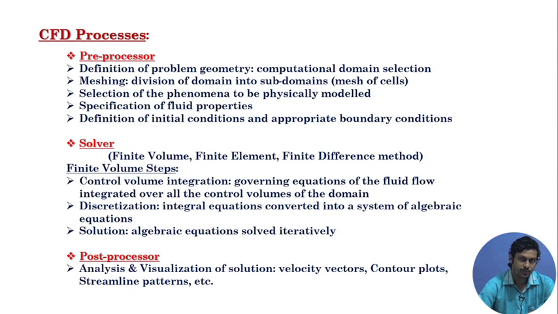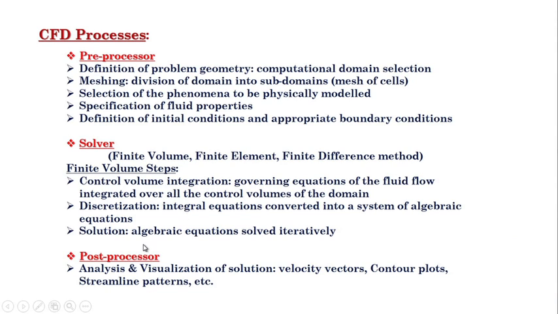Once this preprocessing is completed, you go for the solver. For the solver, different methods are there: finite volume, finite element, finite difference. Finite volume is the most powerful and accurate. Many commercial as well as freely available software use this. I am going to discuss the finite volume steps.